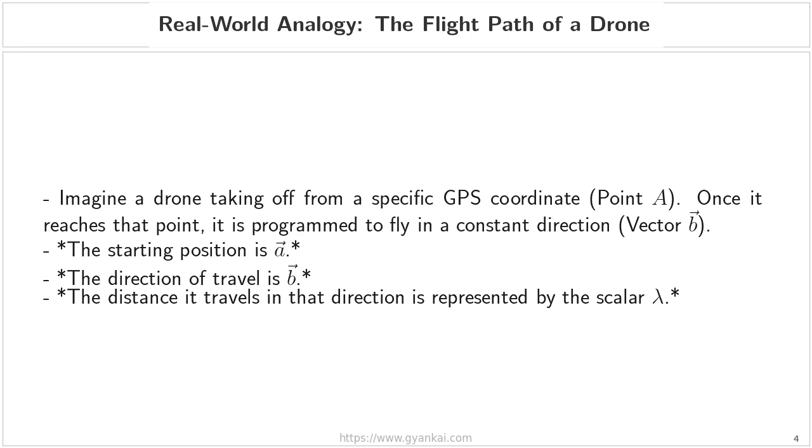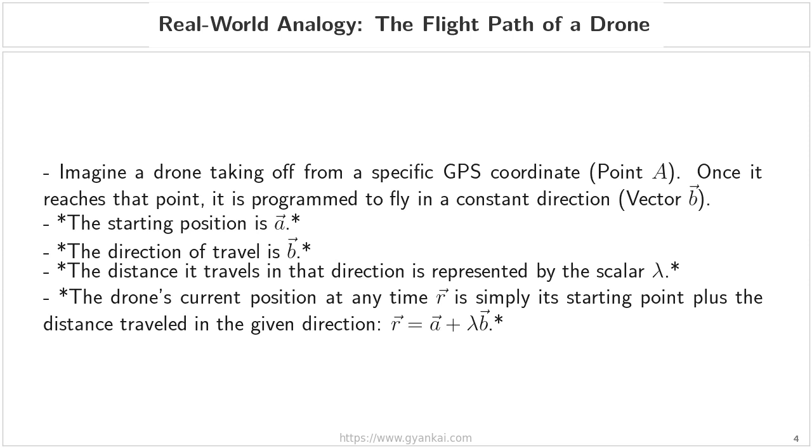The distance, or the scale of how far it has traveled along that path, is represented by the scalar lambda. So, if you want to find the drone's current position at any given moment, which we call the position vector R, it is simply a matter of taking its starting position A, and adding the distance traveled in direction B, scaled by lambda. This gives us our complete formula, R equals A plus lambda times B.